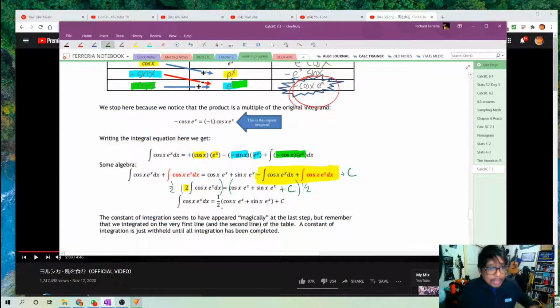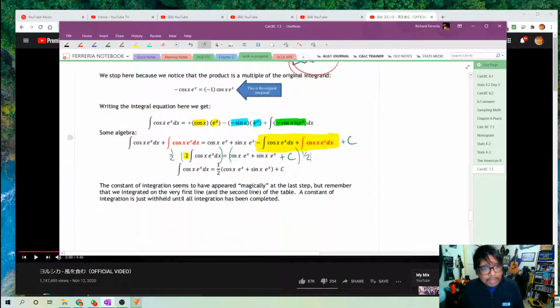And that brings us to our antiderivative, which is 1/2 of cosine x e to the x plus sine x e to the x plus constant. Okay. This is a little bit about that integration, but like I said before, we've been integrating all along. So that constant is always there. We just kind of choose to write it there at the very end.